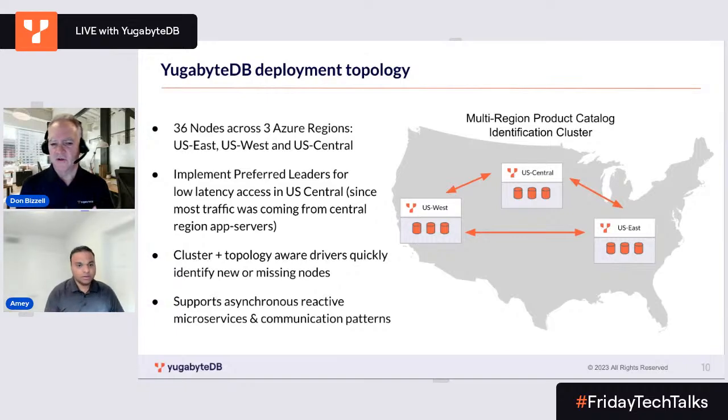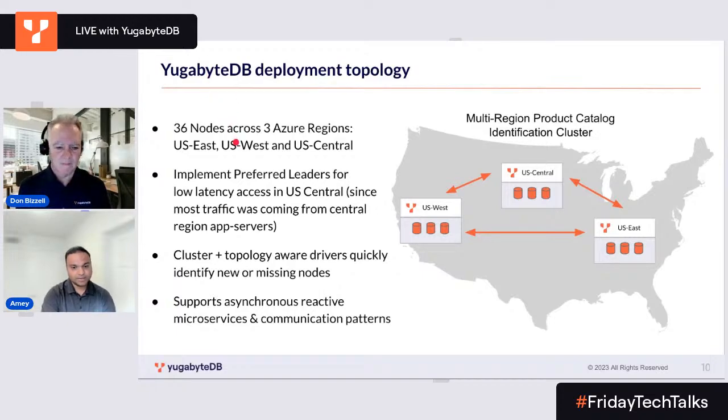And then using cluster aware drivers and topology aware drivers and so forth, the applications don't have to know how the database is architected. The applications just see a database. It's a simple Postgres or Cassandra database, and they can just connect to it and work with it as if it were right there next to them. So that makes development and maintenance very simple.